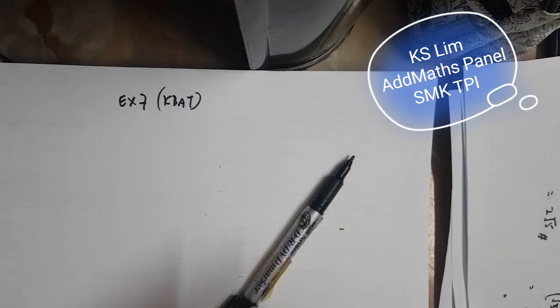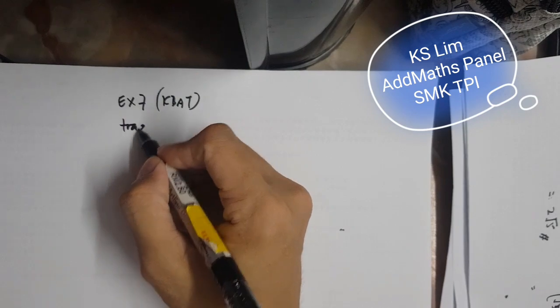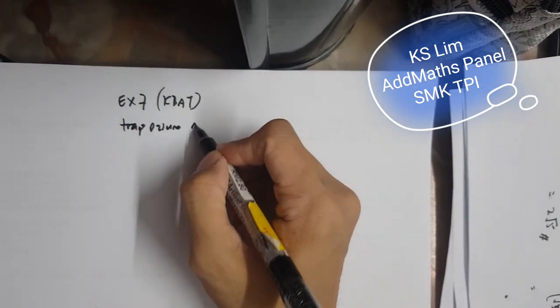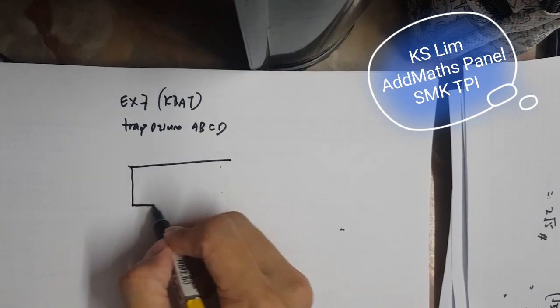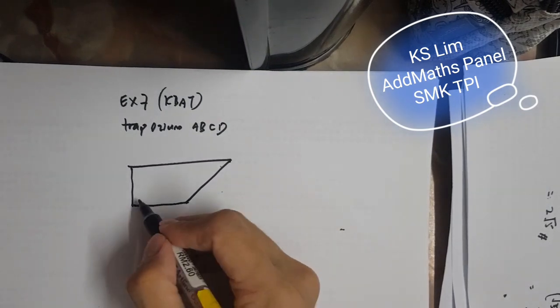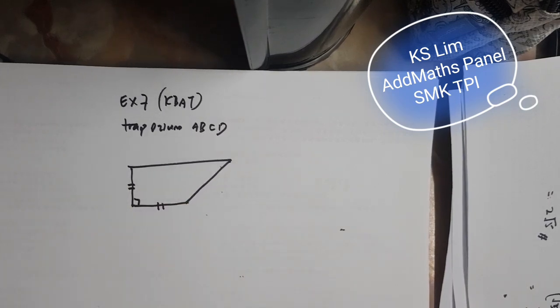Okay, the question: given a trapezium ABCD, with a 90 degree angle. This one equals this one.